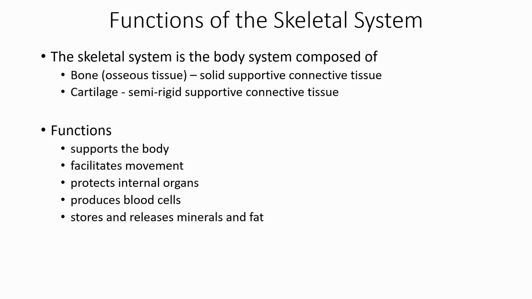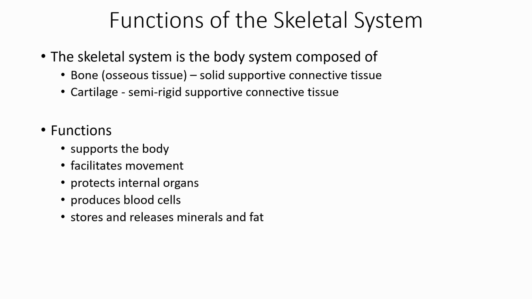And this bone is going to be a supportive connective tissue that has a solid matrix. Cartilage, which is also a supportive connective tissue, will be involved. However, the difference being that the matrix in cartilage is semi-rigid or semi-solid. It's almost like a gel to some degree. So they're similar, but they do have some major differences, especially in terms of what they're capable of doing functionally.